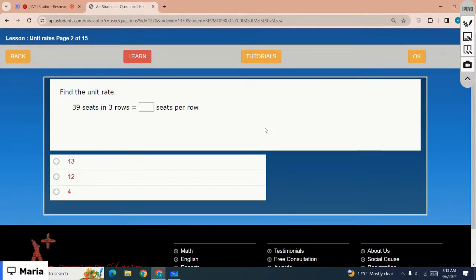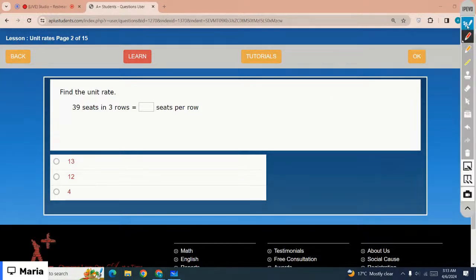The next one is 39 seats in 3 rows. How many seats per row? You need to calculate the seats per row, right? So you have to divide 39 by 3. So 39 divided by 3 equals, that is 3 times 1 is 3 and 3 times 3 is 9.